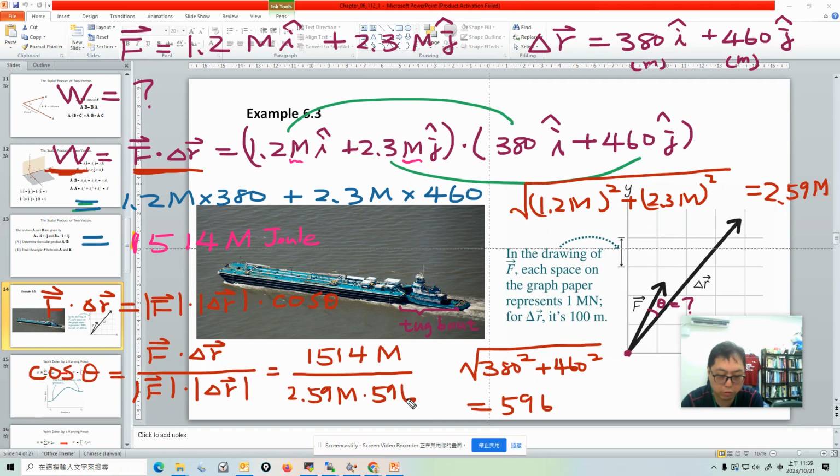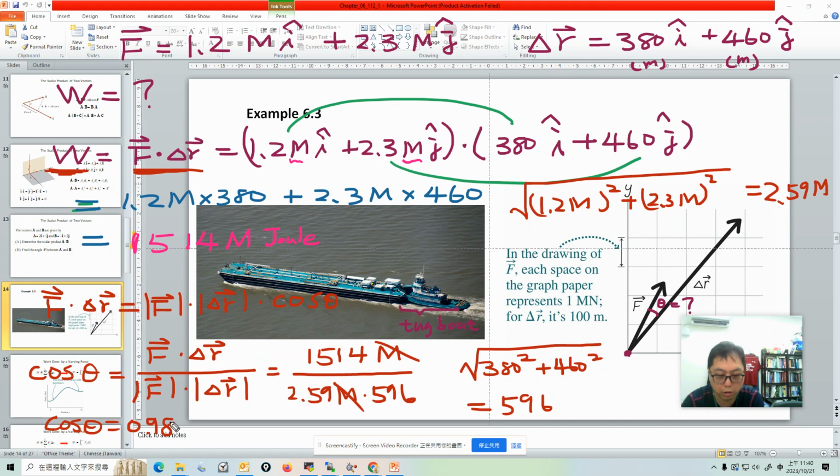What's the cosine theta? Mega can be cancelled out, so 1514 divided by 2.59 times 596.